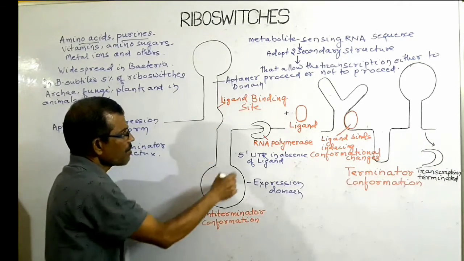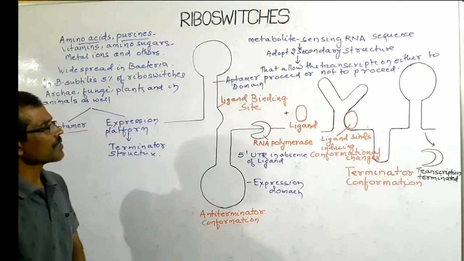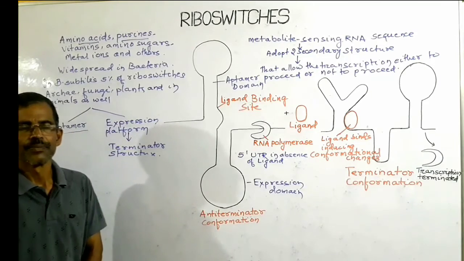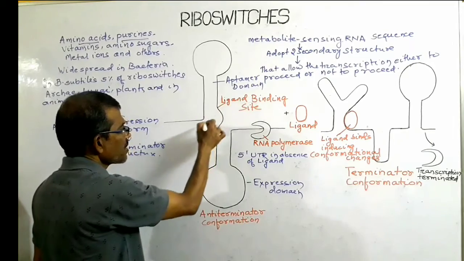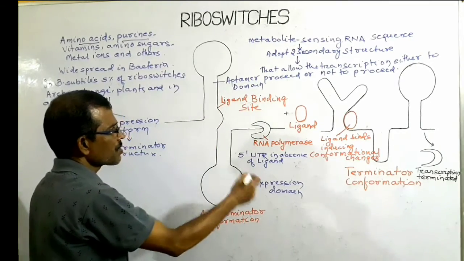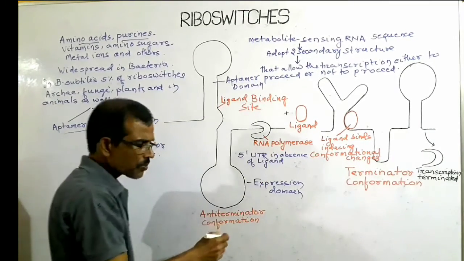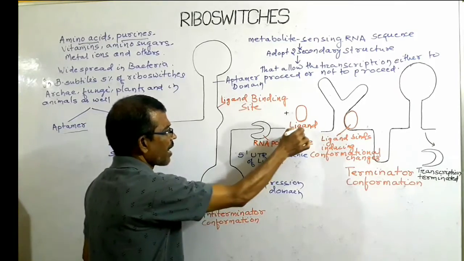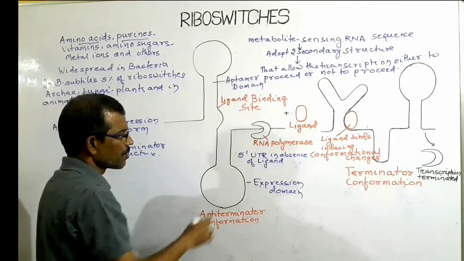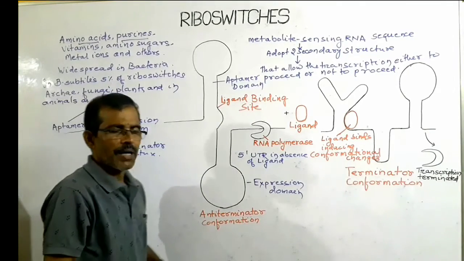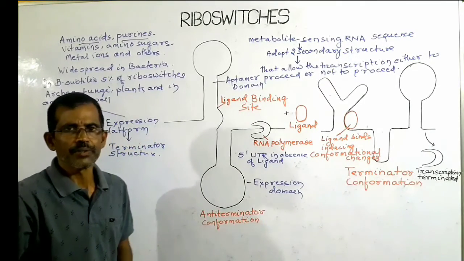This is a riboswitch in the absence of ligand. This diagram is a 5' untranslated region in the absence of ligand. In the absence of ligand, this 5' untranslated region is transcribed by the enzyme RNA polymerase.